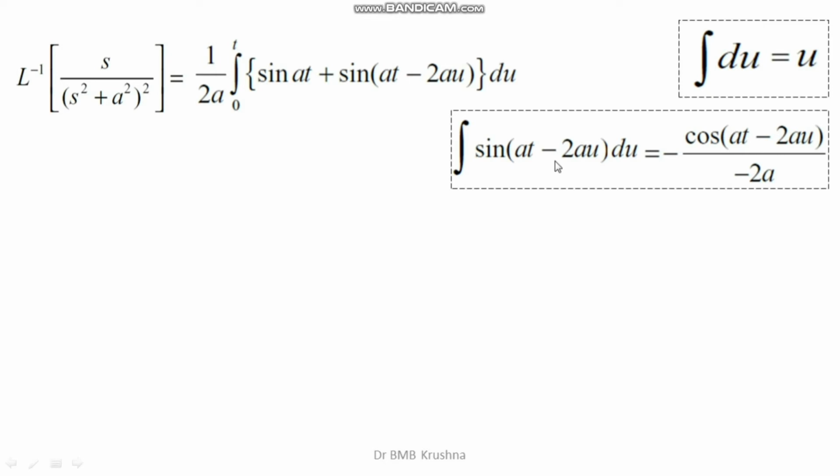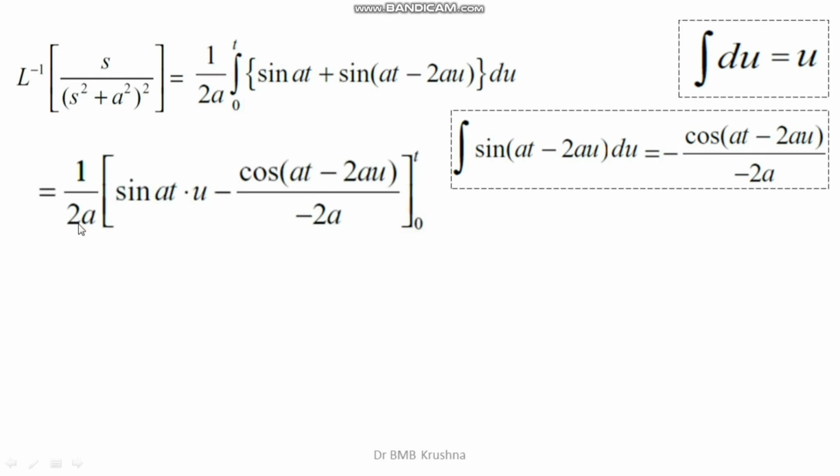The derivative of at with respect to u is 0, and the derivative of negative 2au with respect to u is negative 2a. Use them. 1 by 2a is a constant. Sin at is a constant when we integrate with respect to u; sin at integral du became u.